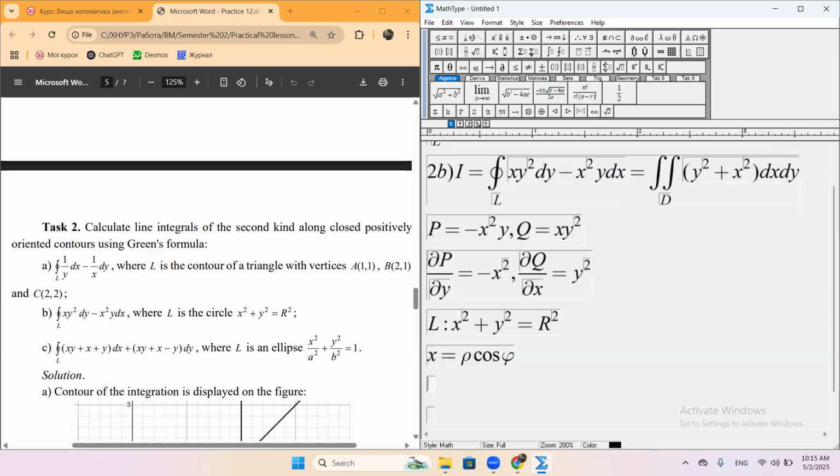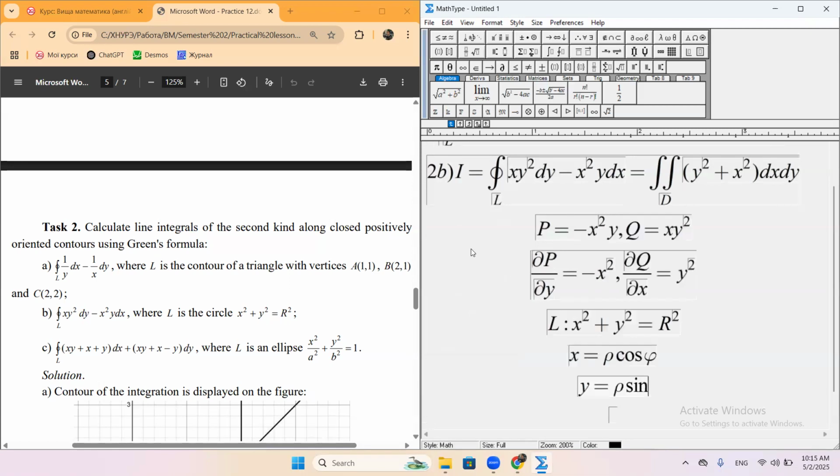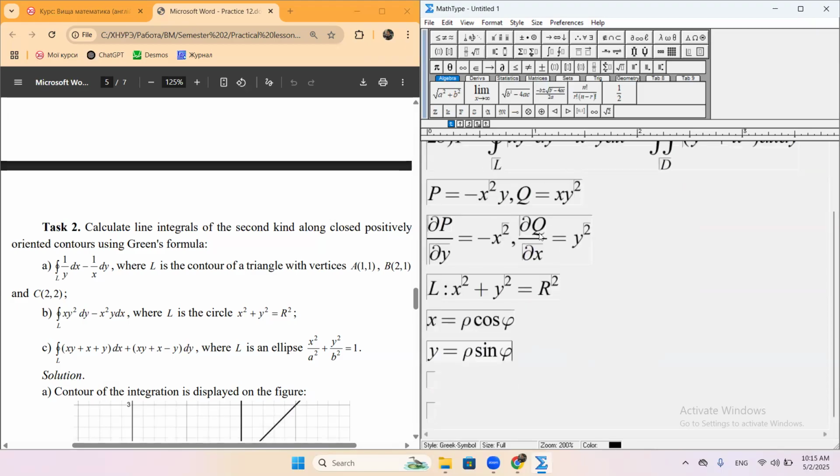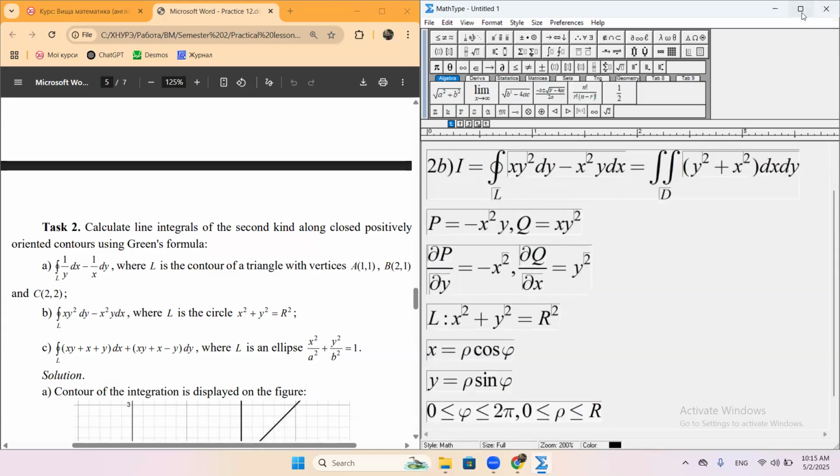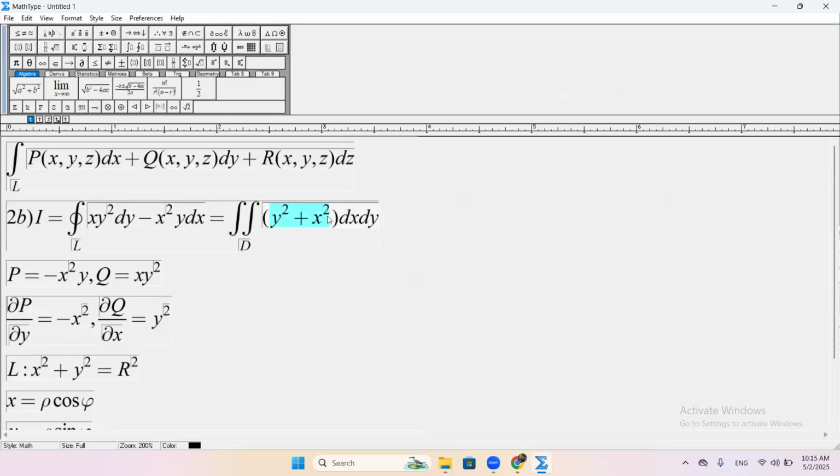So x equals rho cosine of phi, and y equals rho sine of phi. So phi changes from 0 to 2p. And rho changes from 0 to r. And by the way, this expression will be equal rho square.